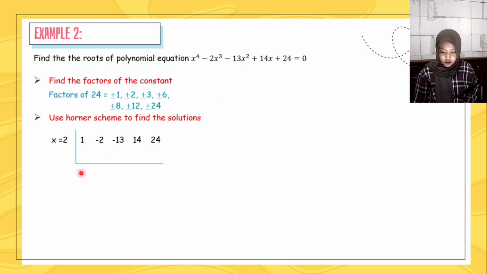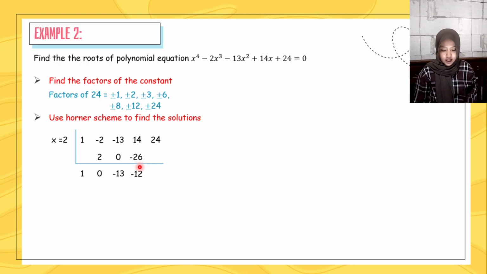1, still write 1. 1 times 2 equals 2. Sum of minus 2 and 2 is 0. 0 times 2 is equal to 0. Sum of minus 13 and 0 is minus 13. Minus 13 times 2 is minus 26.